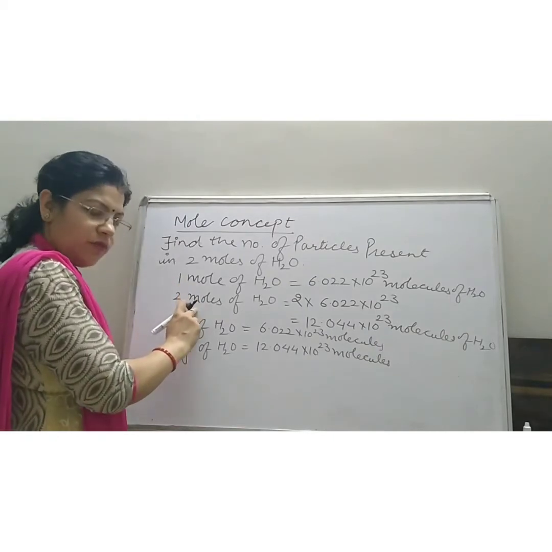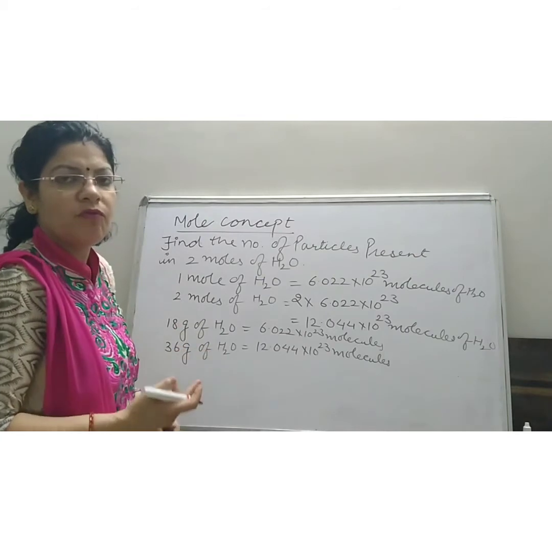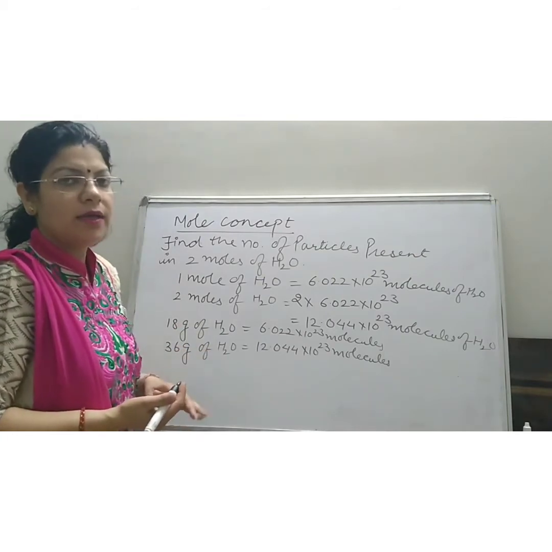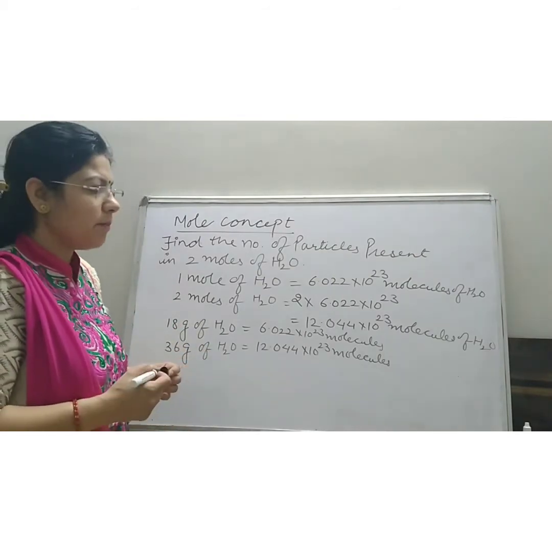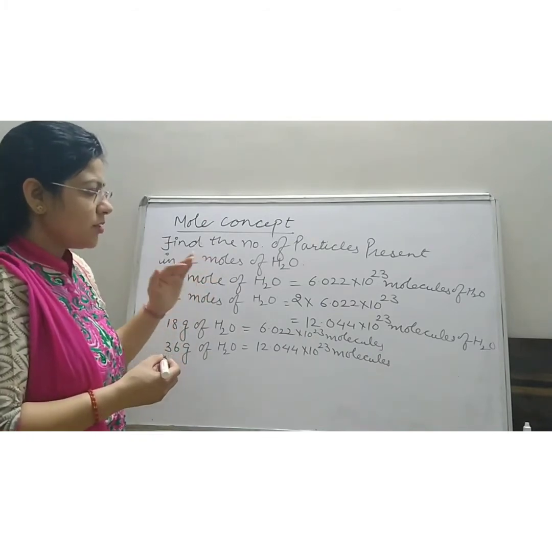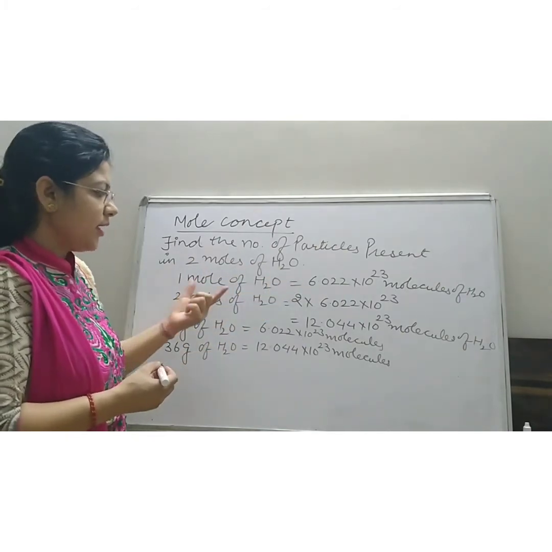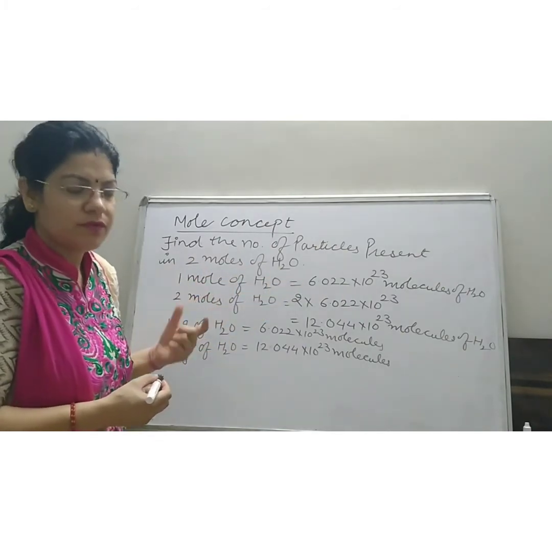Either mole is given to you or mass is given to you, you can easily find the number of molecules present in that compound. The thing that you have to calculate, put on the right side. The thing that is given to you, put on the left side.